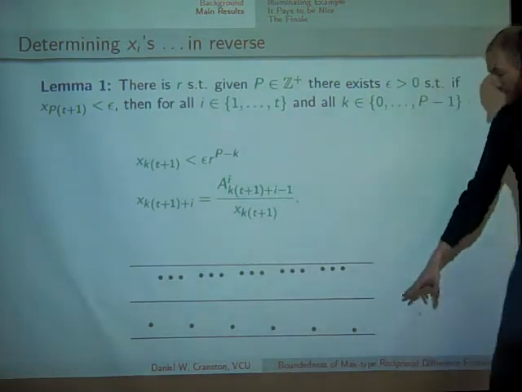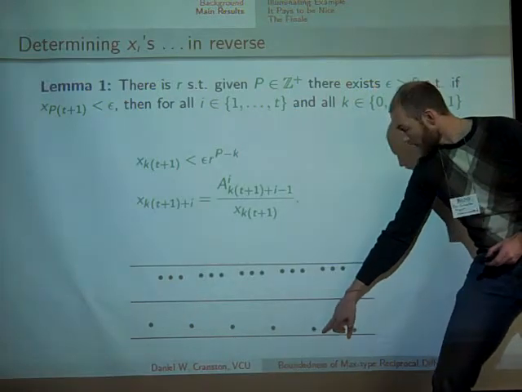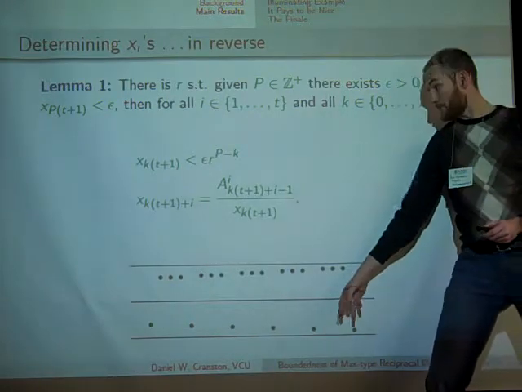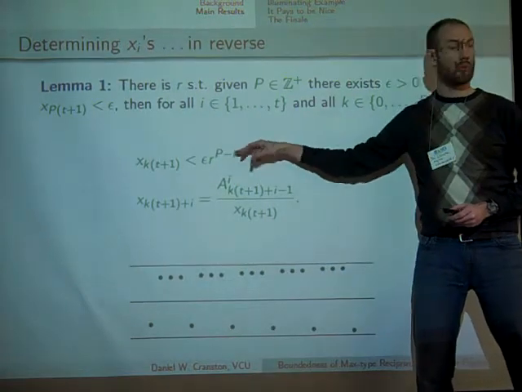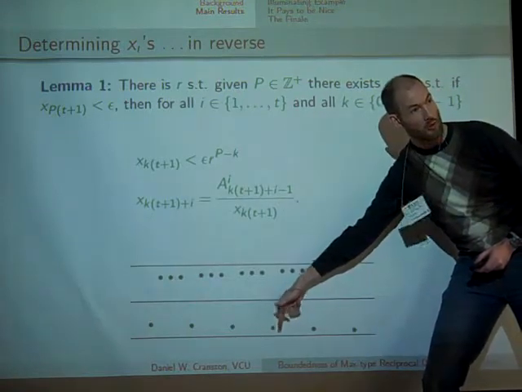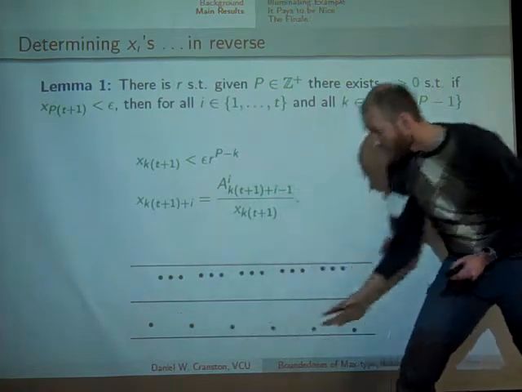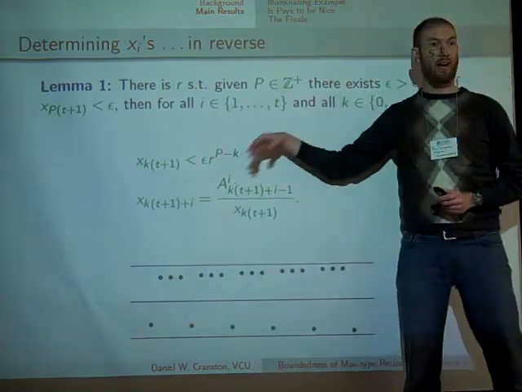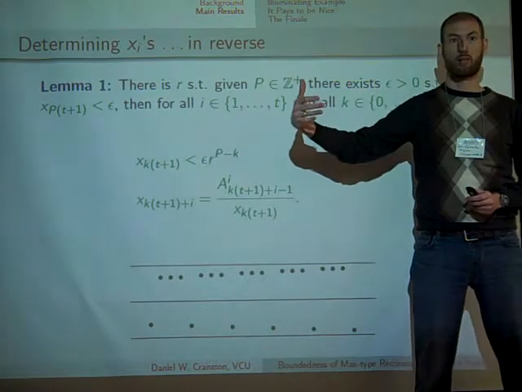So this one's epsilon, and then as you roll back t plus 1 terms earlier, this one is bounded above by epsilon times r. Put in p minus 1 here, and you get r to the 1. And then as you go back another t plus 1 terms, you get an r to the 2. So they're all bounded down here, but you're losing a factor of r every time you go back t plus 1 steps earlier in the sequence.